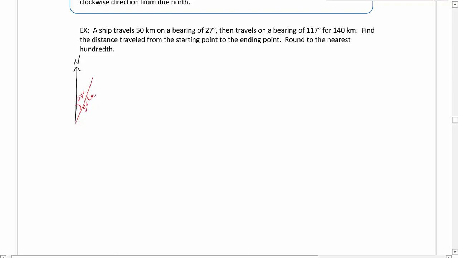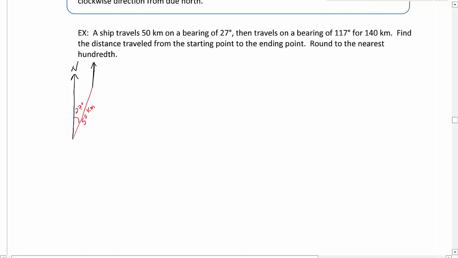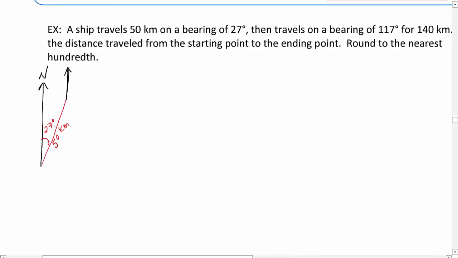Then the ship turns and travels on a bearing of 117 degrees for 140 kilometers. So I need a new north line for the change in my bearing. And now we're going to go 117 degrees. So total, that would be 90.